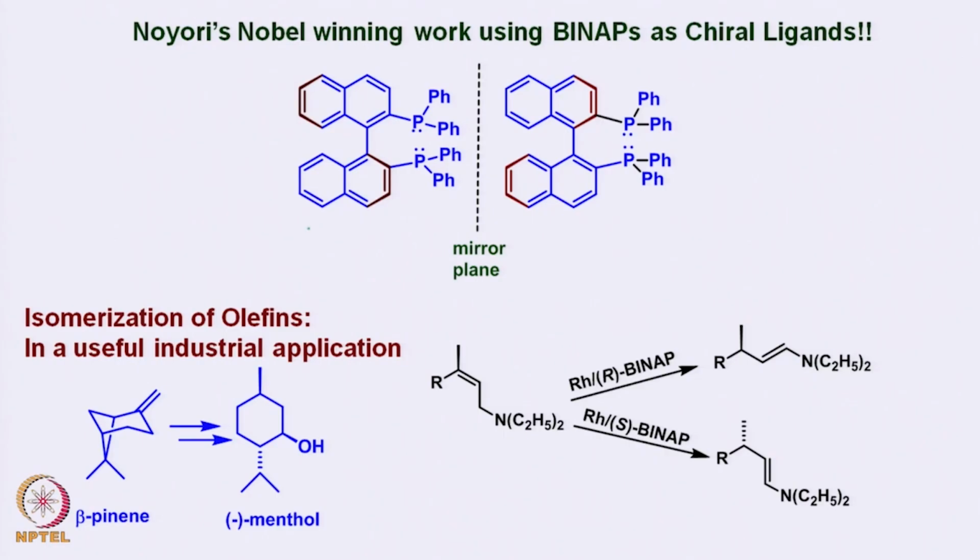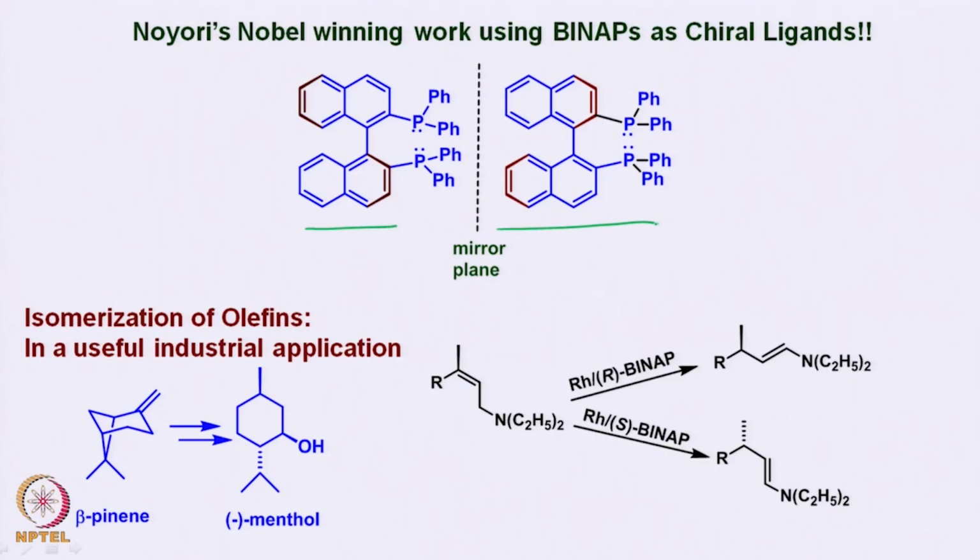So, we saw two BINAPs, one of this and its mirror image, one of them is R, the other one is S configured, and these BINAP ligands were very useful in leading to very high enantiomeric purity of the products wherever these ligands were used.